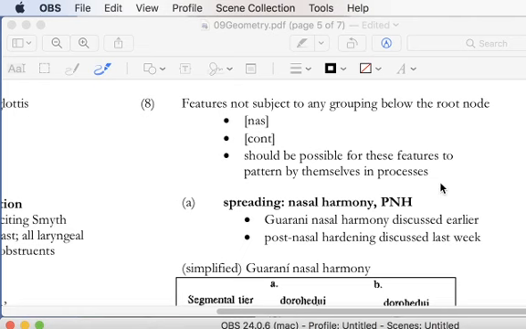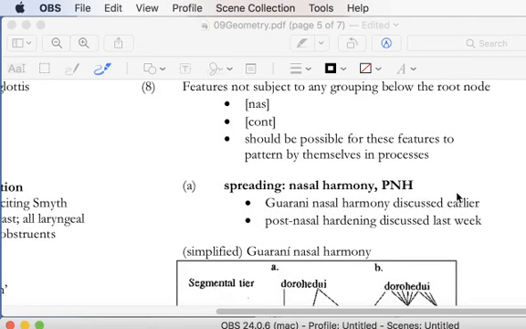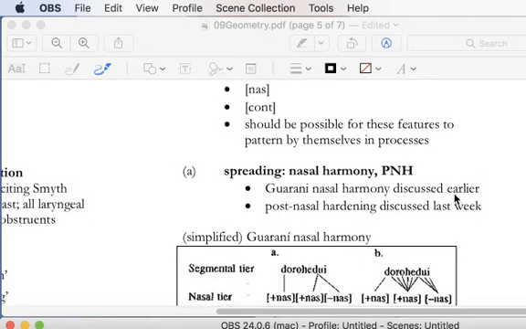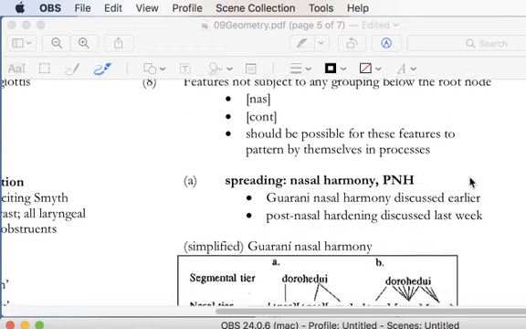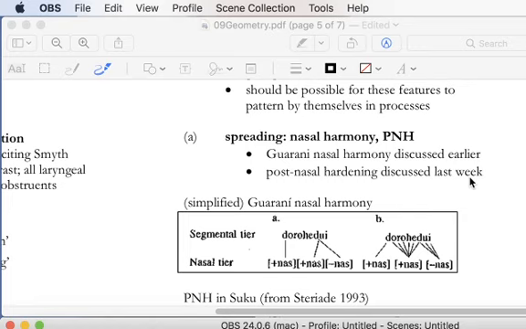So what do we see for these? Well, for spreading, we have postnasal hardening in the case of continuancy, and nasal harmony in the case of nasality. We looked at Guarani nasal harmony a little bit earlier in class. Here's the simplified case of Guarani nasal harmony, where consonants can be specified for various pre and post nasal contours.